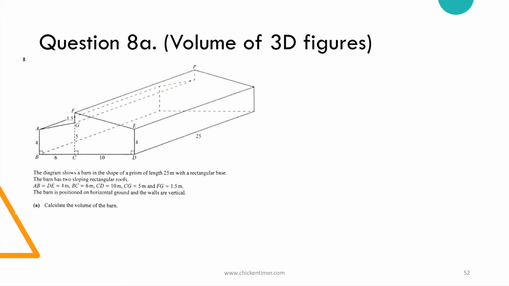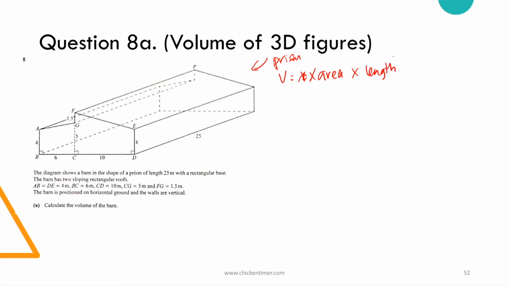For question 8, this question requires you to find the volume of the barn. So you can see that this shape is a prism, and then we can recall that the volume of prism is the cross-sectional area times the length of the building.